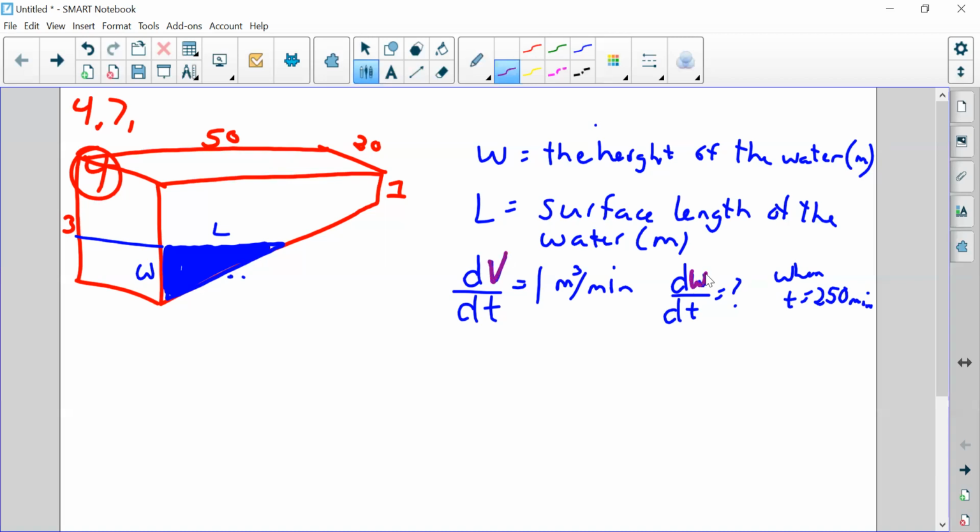That means I need to write an equation that relates V with W. So my next goal is to find an equation where V is equal to something in terms of W, or the other way around. So V equals what?